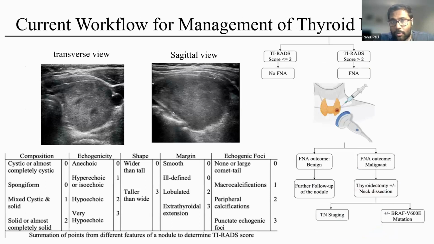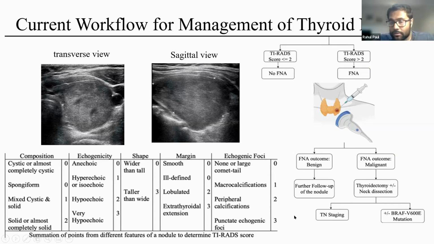So, the current workflow or management for thyroid cancer. At first, the radiologists go through the transverse or sagittal view of the ultrasound, and there is a scoring mechanism called TIRADS. They look at each nodule for 5 different categories, and they score them.